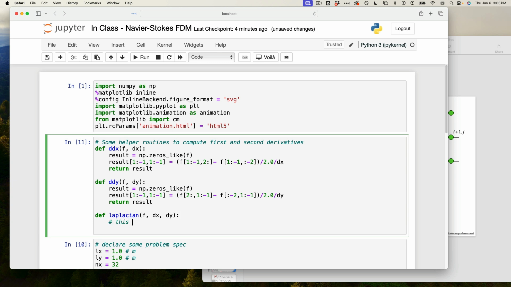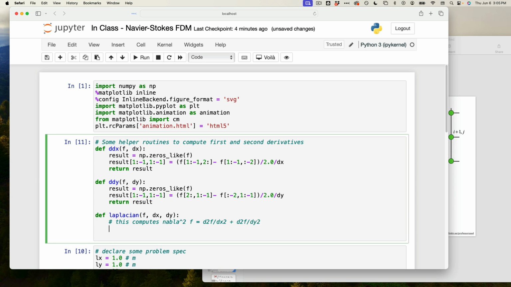So this computes nabla squared f, which is equal to d2f by dx squared plus d2f by dy squared, right?